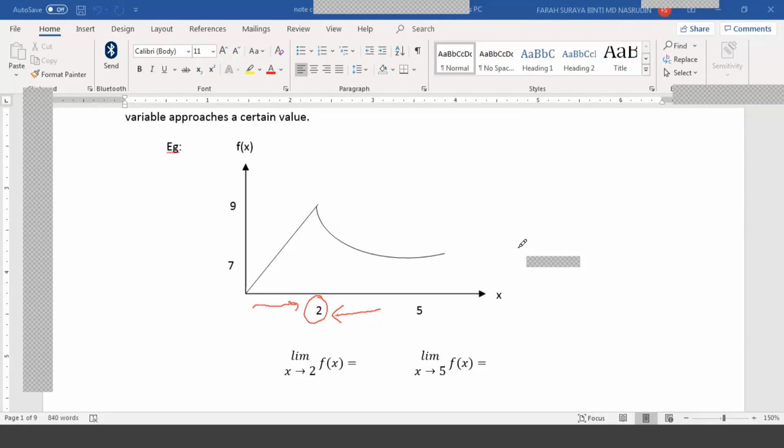Okay. So kalau datang menghampiri 2, cara nak tulis limit dia adalah macam ni. Limit, LIM, x approach 2, dan ini masukkan function dia. Okay, tadi saya kata x approach 2 boleh datang daripada sebelah kiri dan boleh approach daripada sebelah kanan. Kalau approach from the left side, okay, we need to letak negatif dekat sini.